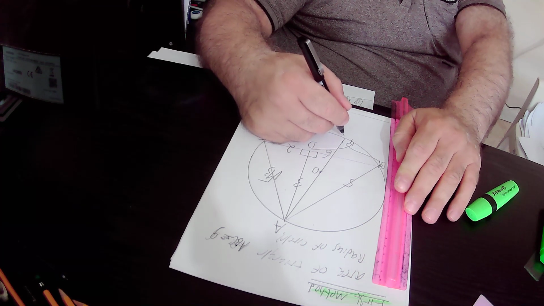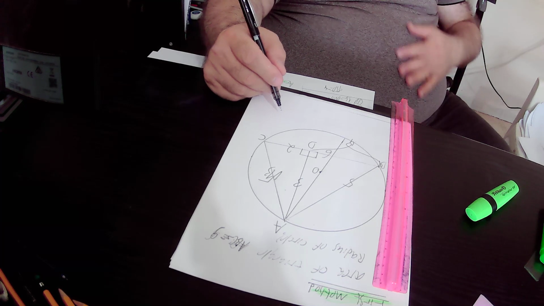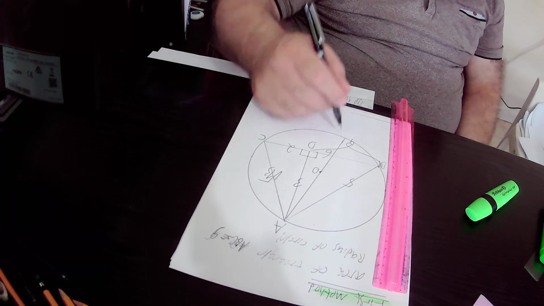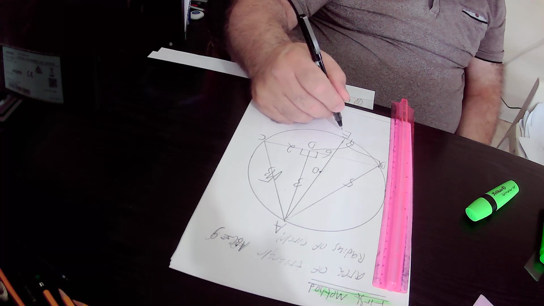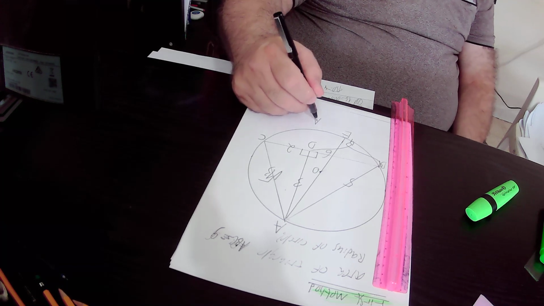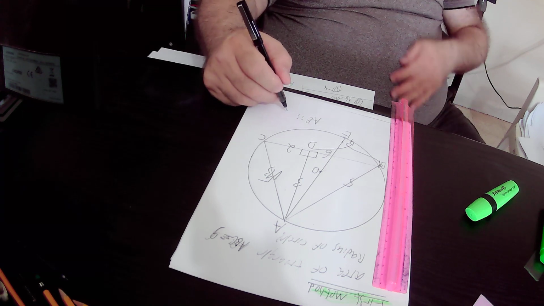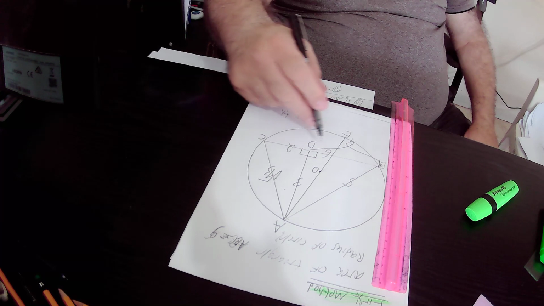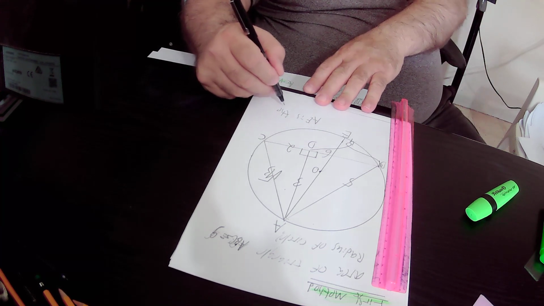We define the touching point of the extended AO on the circle as point E. So AE is the diameter of the circle, because AE passes through the center of the circle.